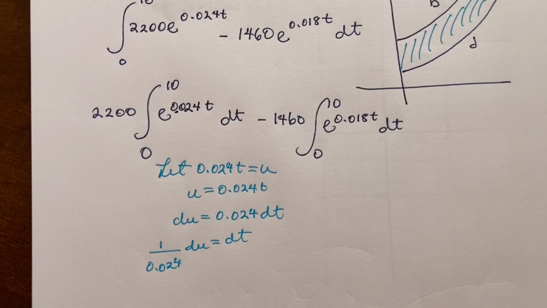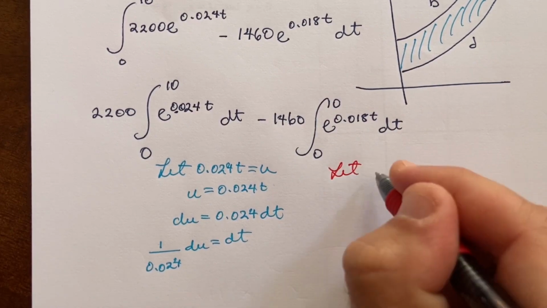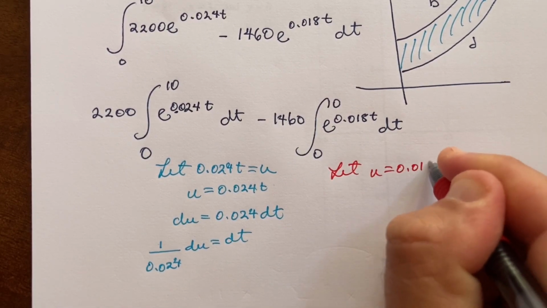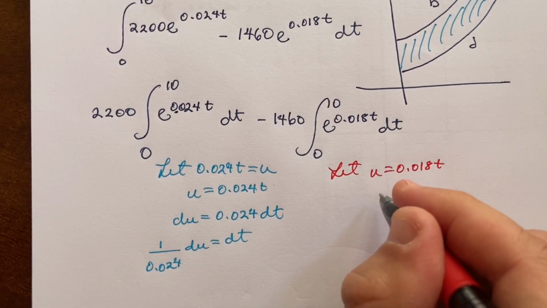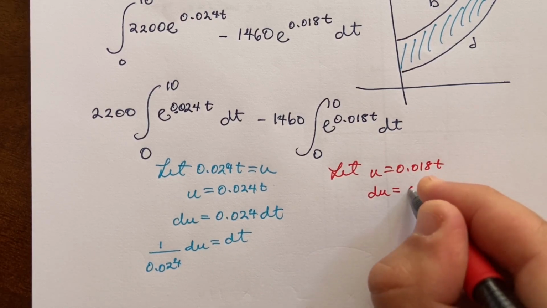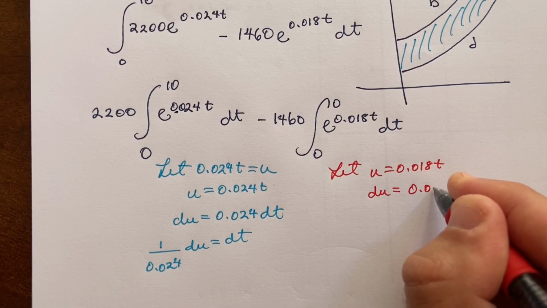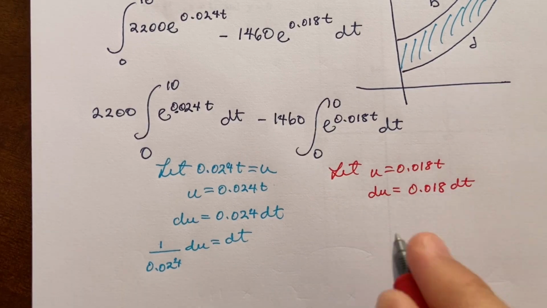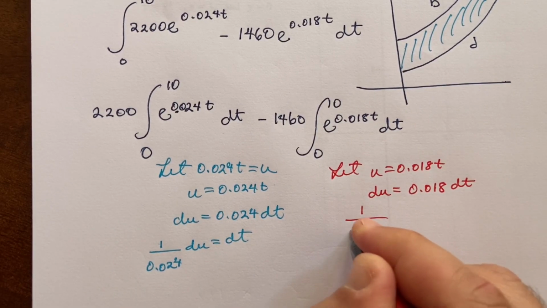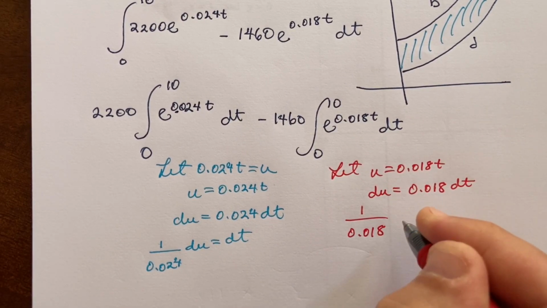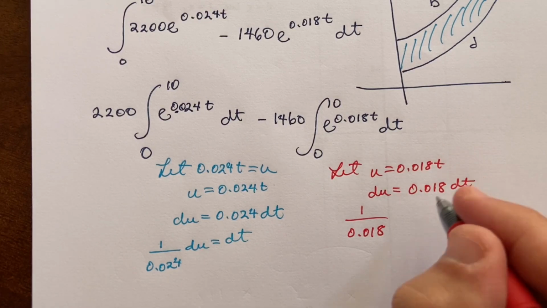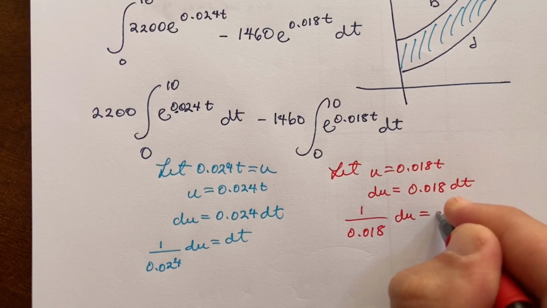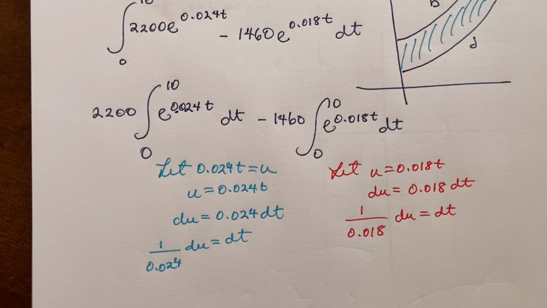For the other one, I'll let u equal 0.018t. Then du is 0.018 dt, and dividing again in a similar way, we get 1 over 0.018 du equals dt. Those come in, and we can make substitutions for our limits as well.